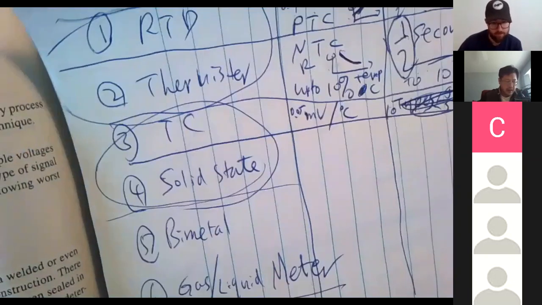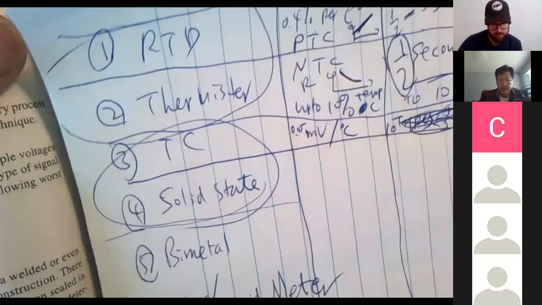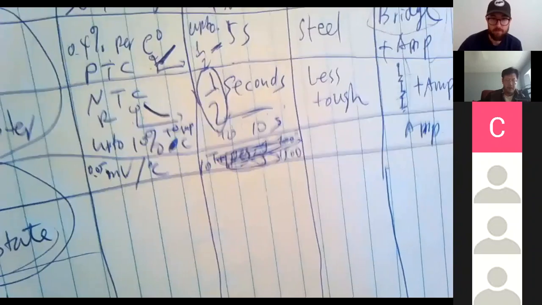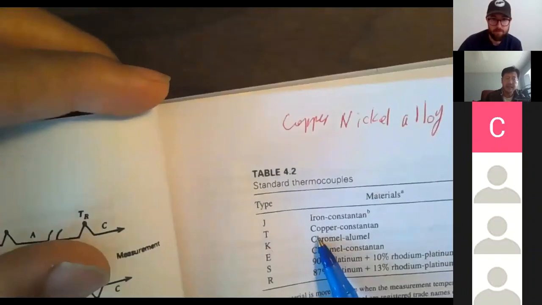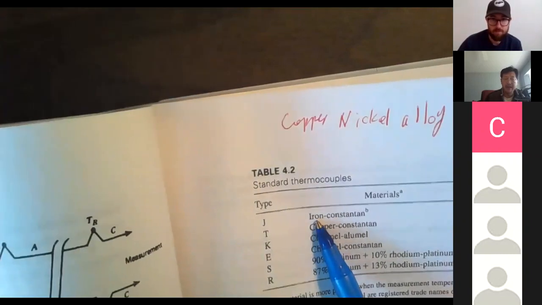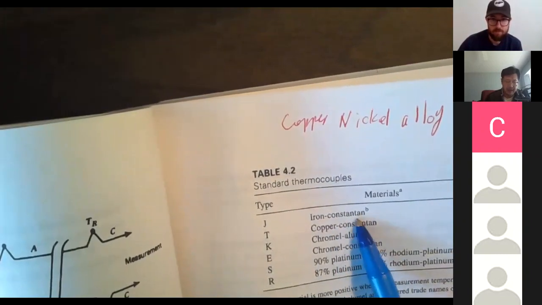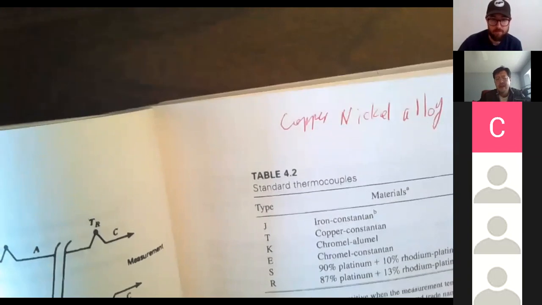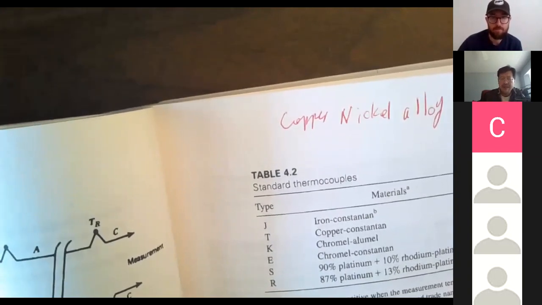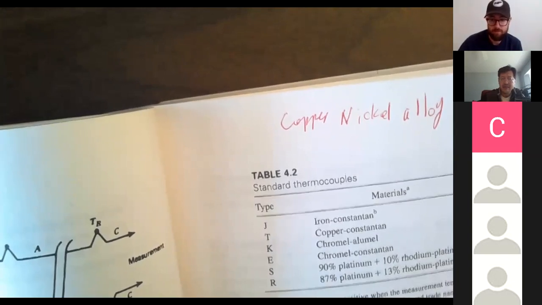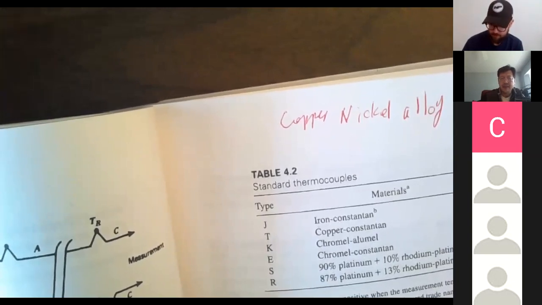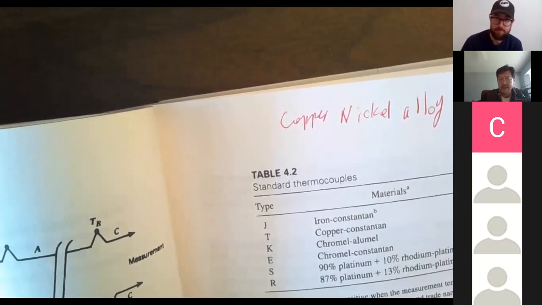Well, there is another problem. It's not perfect, but got another problem. For example, if you are using type J, you have iron. One wire is iron. One wire is constantan. Sooner or later, you need to make electrical contact with a different connector, probably made of aluminum or copper, whatever connector you will make.